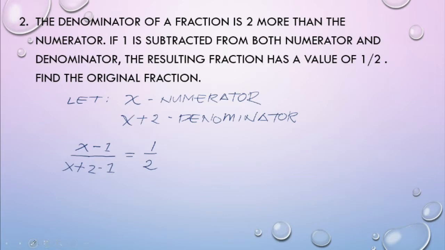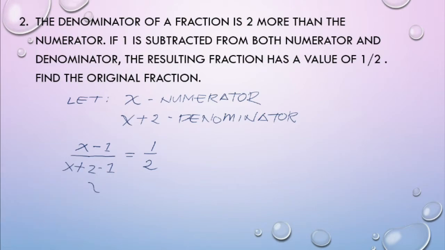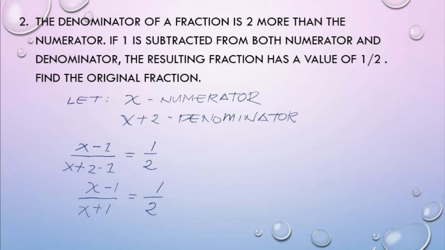Okay? So, let us simplify. So, from this case, magiging x minus 1 over, then yung denominator, pwede natin simplify. x plus 2 minus 1 is x plus 1. Then, equals 1/2. Then, from here, pwede na tayong mag-cross multiply. Okay?